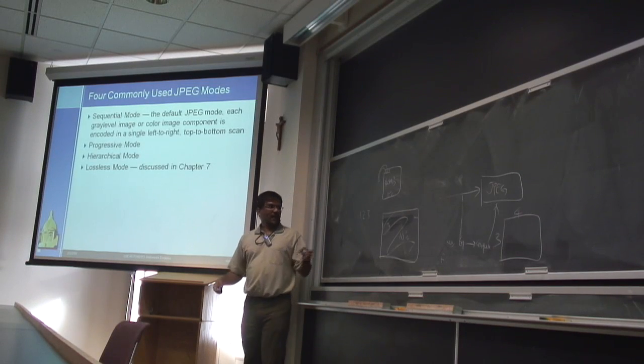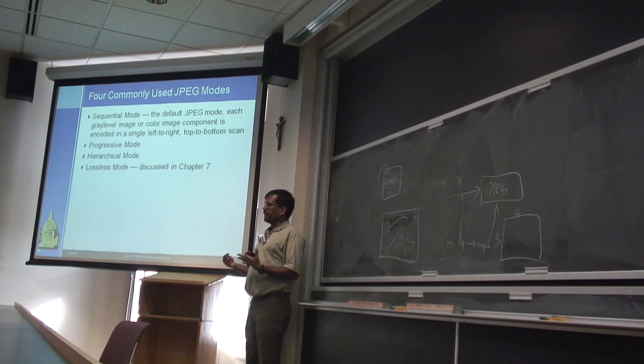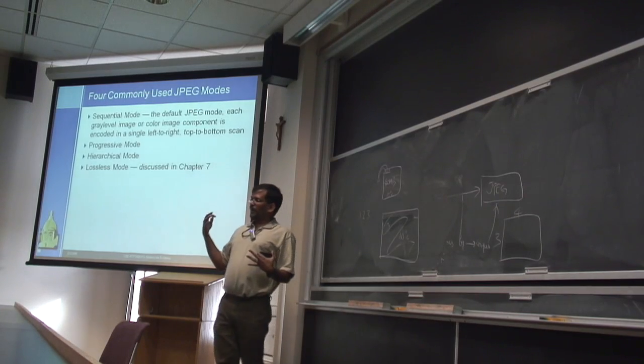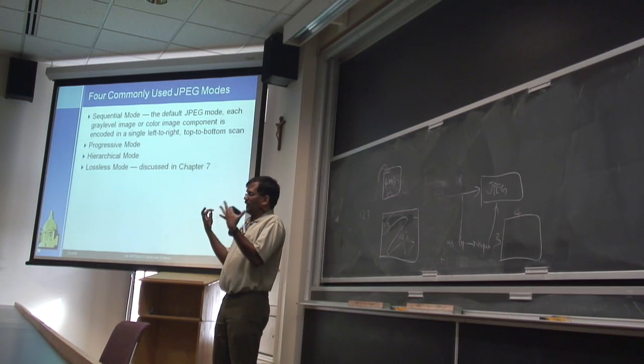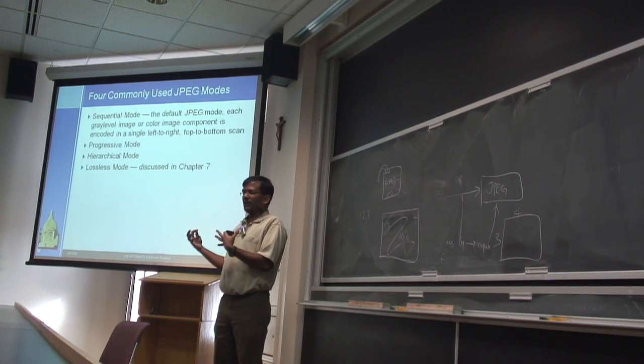The progressive mode is: I want the whole image, but it need not have all the detail. If you've looked at a progressive-formatted JPEG, you may have noticed it when you go to web pages where you see an image and then it gets clearer. How many of you noticed that kind of image?